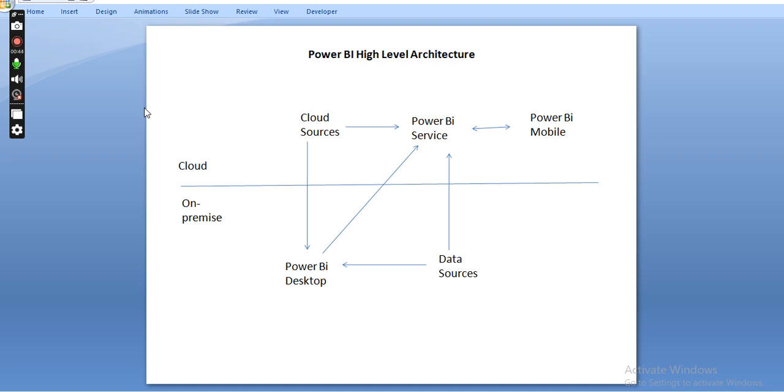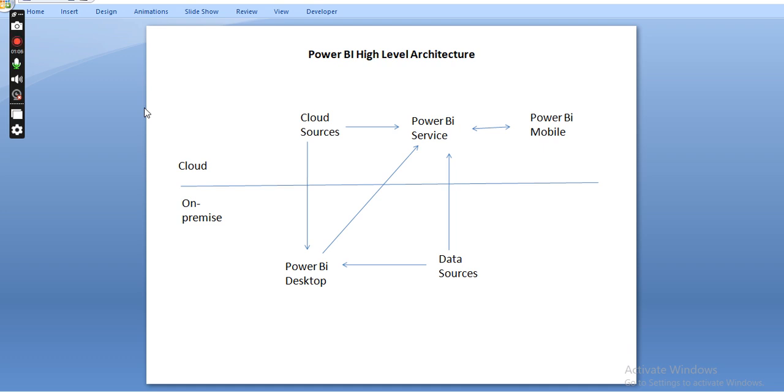Using Power BI Desktop, we can bring data from different sources, both on-premise and cloud-based. You will be working mostly with Power BI Desktop. In our organization we mostly work with Excel files and text files.